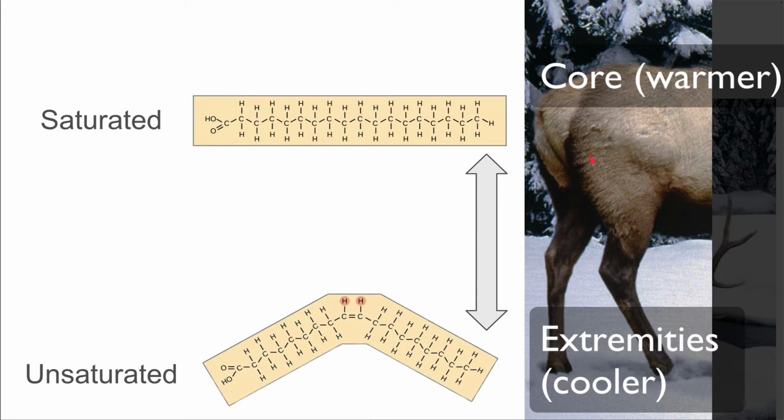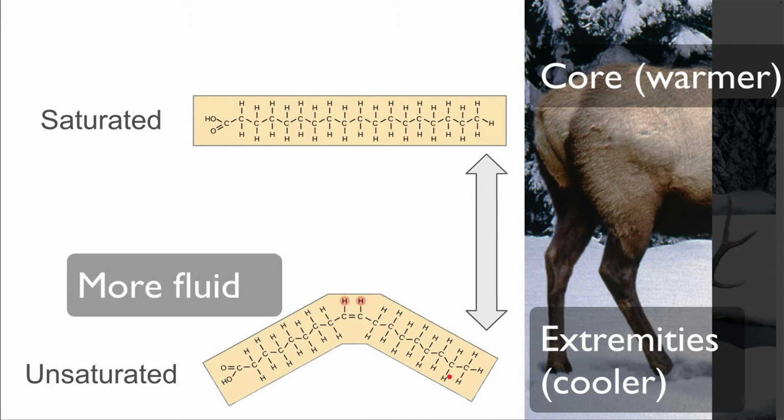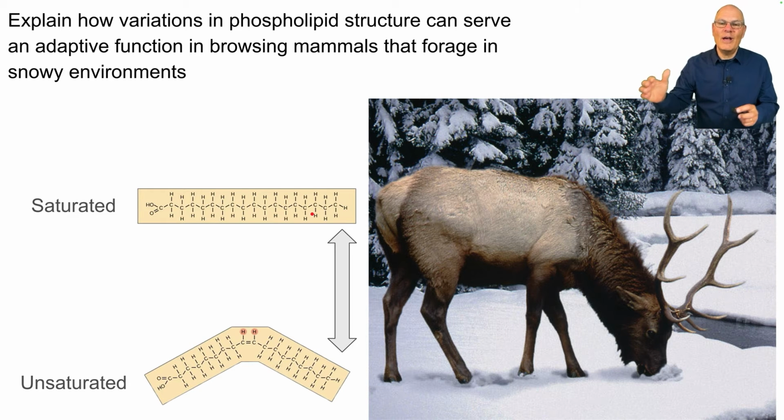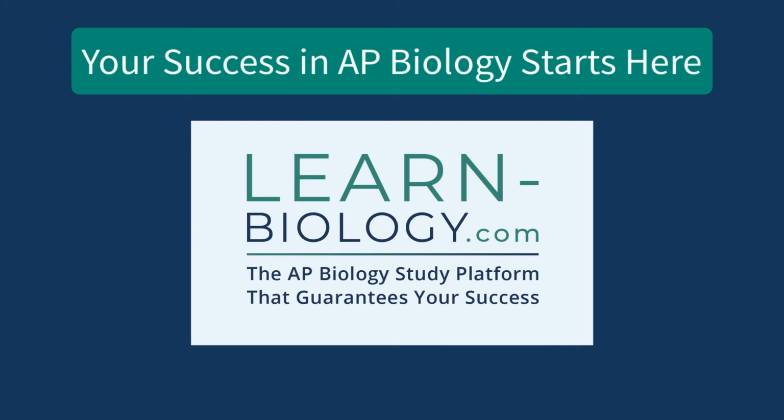Because as the temperature decreases, these unsaturated fatty acid tails keep the membrane fluid so that diffusion can continue to occur, so that oxygen can continue to flow from the blood into the cells, whereas the phospholipid tails in the body core are more saturated, and that provides a correct level of fluidity in that part of the body. So there tends to be a gradient of more saturated fatty acid tails in the core, more unsaturated fatty acid tails in the extremities.